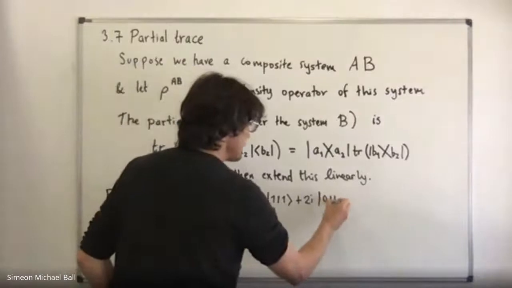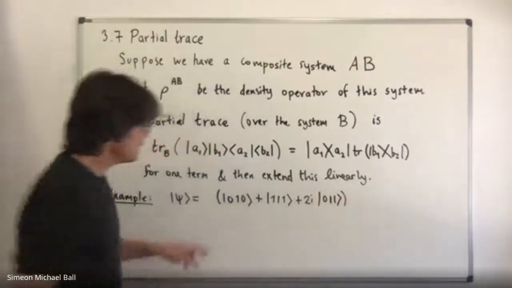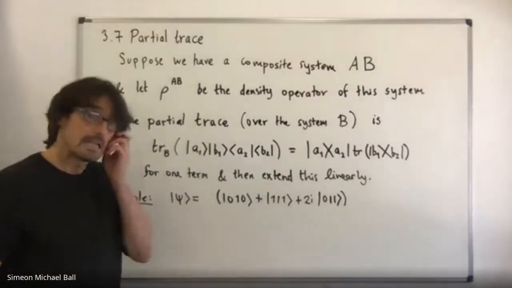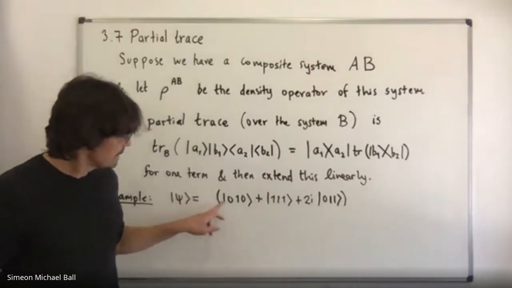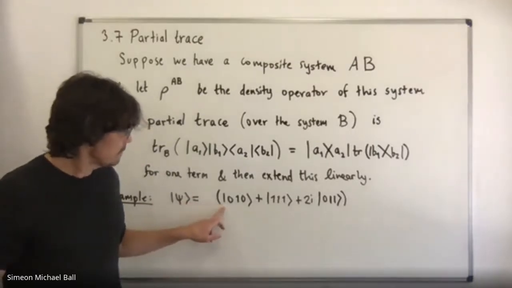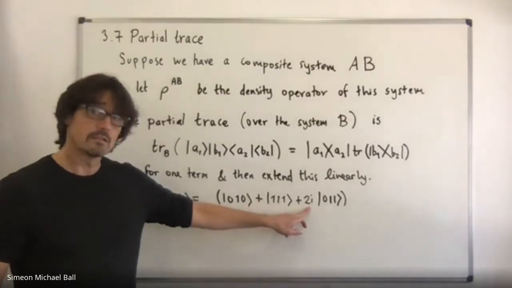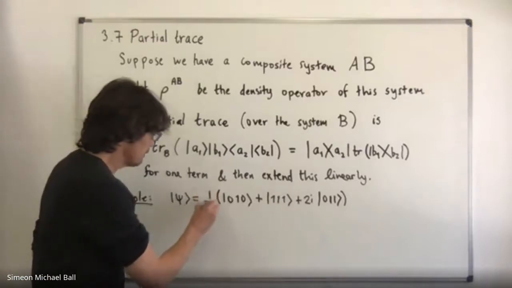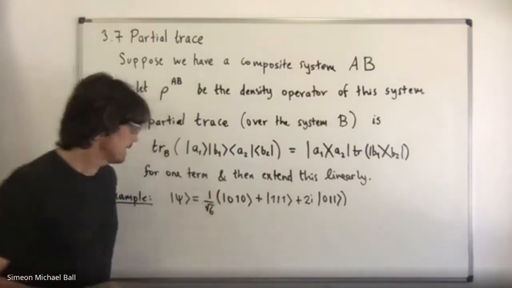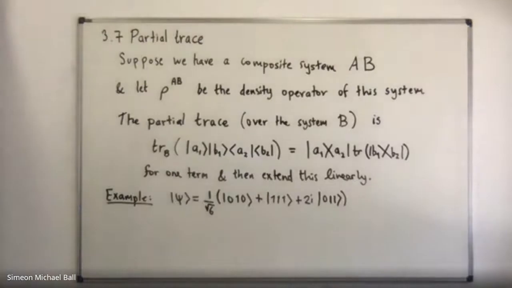Now, to make this a unit vector and a valid quantum state, I need to norm this. So this is going to be 1 squared plus 1 squared plus 2 squared, which is 6. So I need to put 1 divided by square root of 6, so that it has unit length 1.